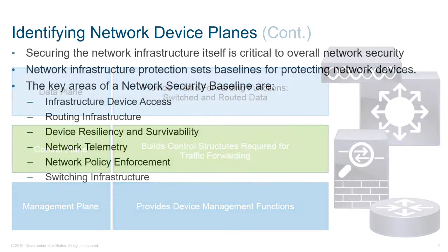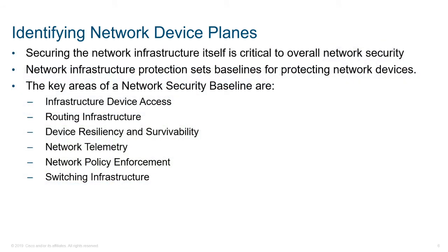So just kind of going back, some of the areas that we'll sort of focus in on as far as coming up with a baseline for security is looking at, first of all, the infrastructure of the device and making sure that we harden that infrastructure, making sure that any type of routing infrastructure, what is our normal traffic, and how can we maybe implement things like authentication on our dynamic routing protocols, making sure that we have device resiliency.